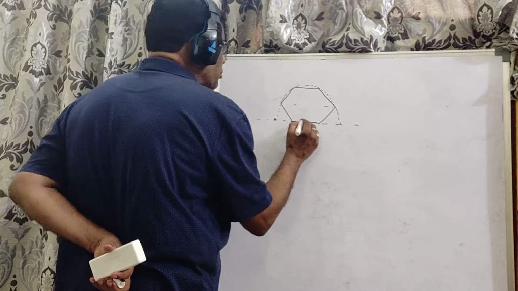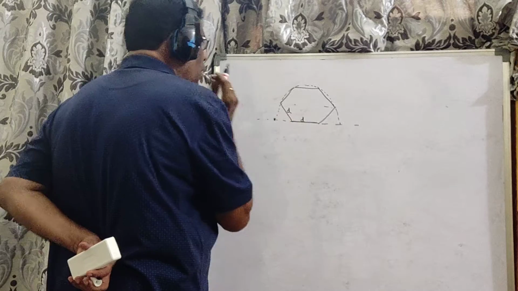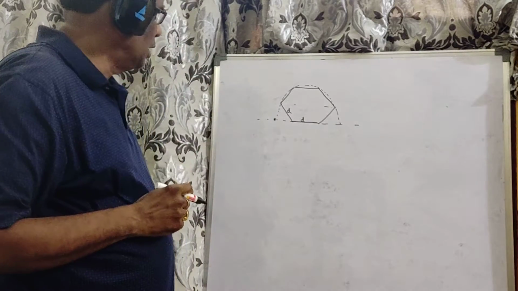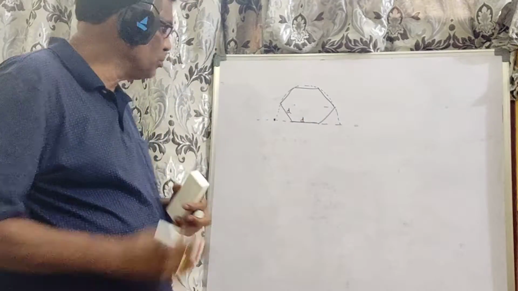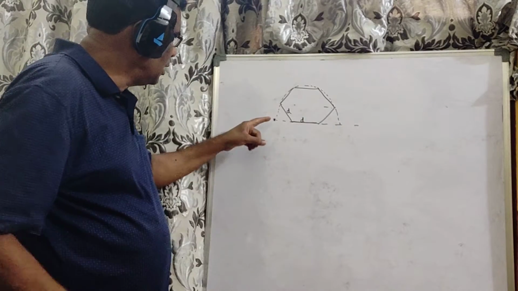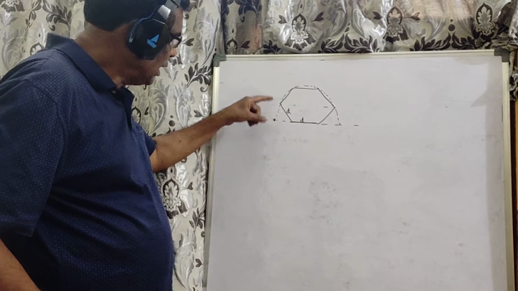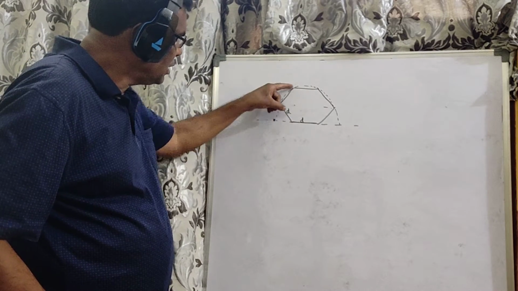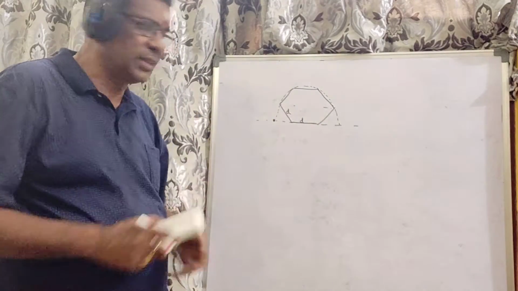Now, I am projecting a body from a distance in the horizontal such that it grazes past the four vertices of the regular hexagon.